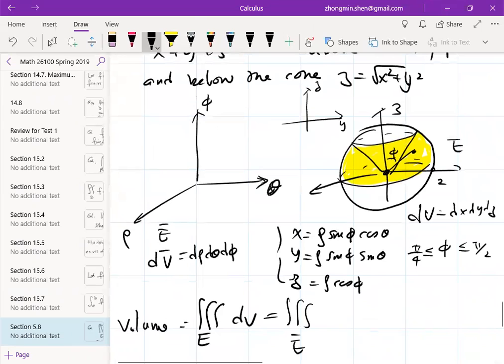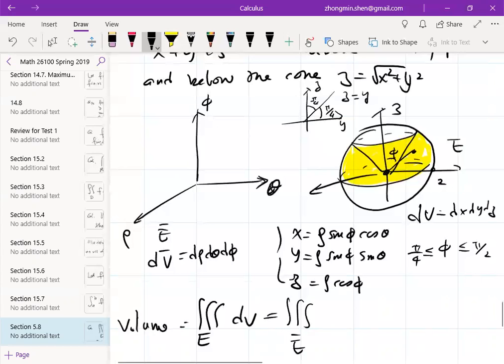Over there, because x equals 0, this equation will be z equals y. So z equals y, of course, this is a pi over 4, here's a pi over 4, this angle. That's why phi is between pi over 4 and pi over 2.